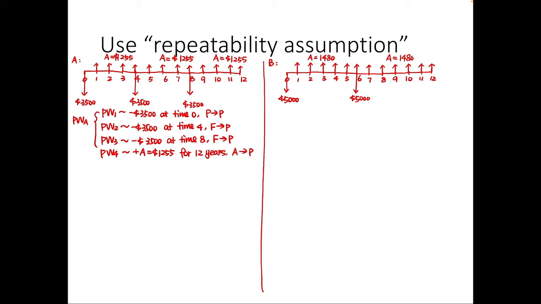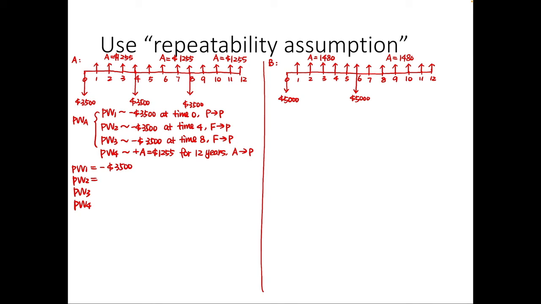So it's to convert the annuity to present worth. Okay, and then you just need to calculate the PW1, PW2, PW3, and the PW4. Okay, PW1 you don't need to convert because it's already present value. So just copy that value here.